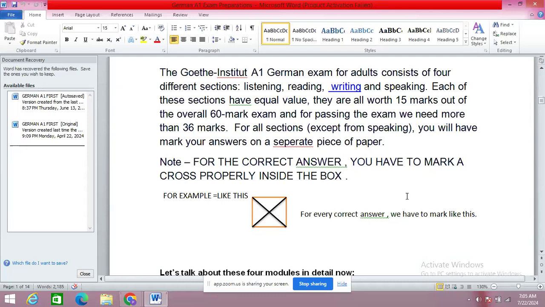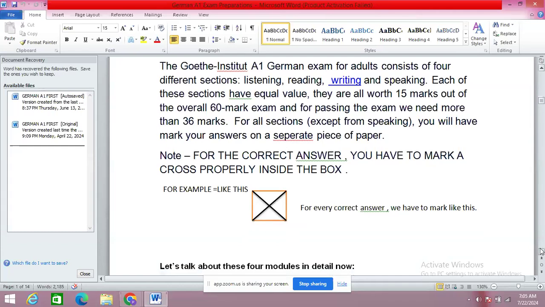In India we do this, but according to the German concept, we need to put a cross inside the box for our correct answer. And this is the proper way: you have to put a cross touching all the corners. Don't make a small cross inside the box, don't make a big cross, and don't make a stylish cross. This is the proper way to mark your answer in your answer sheet for the listening, reading and writing parts.